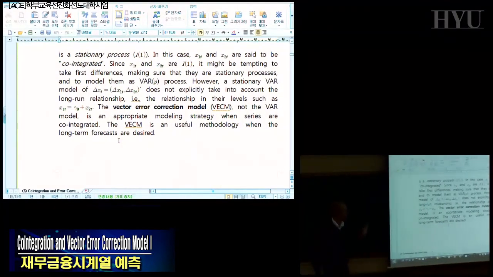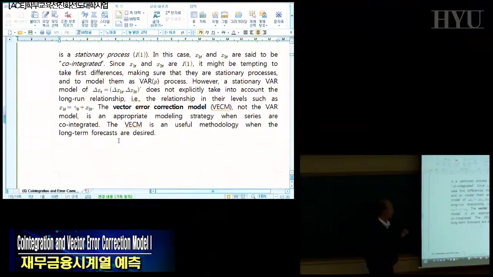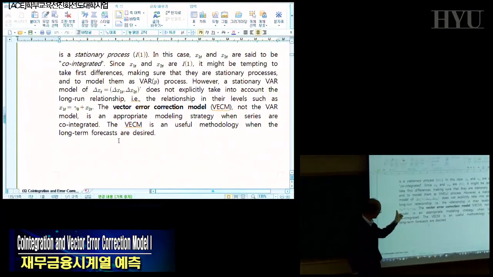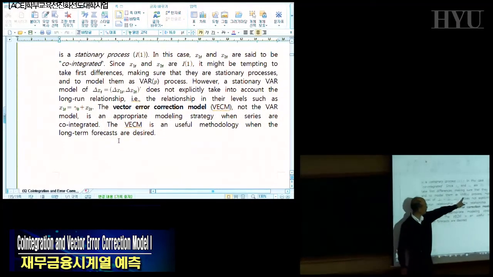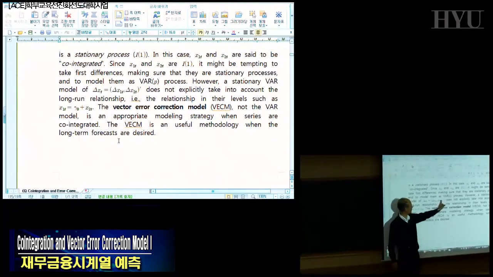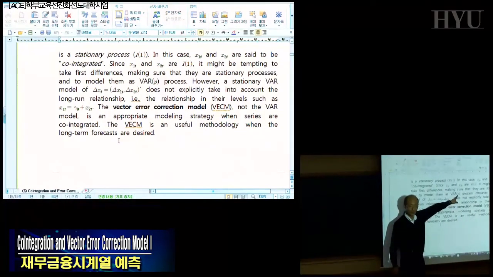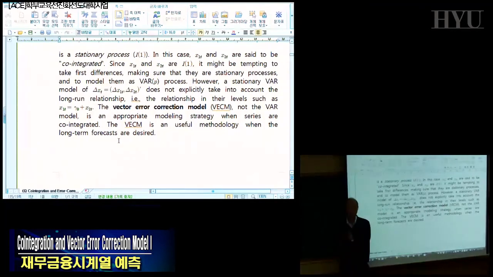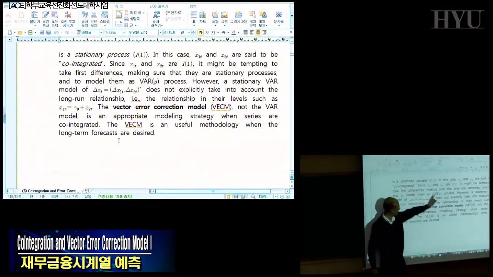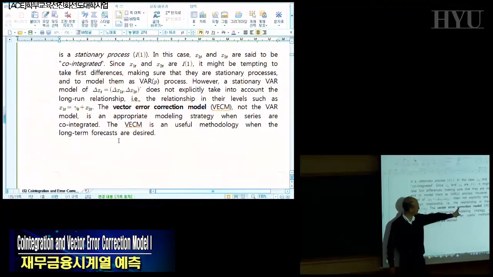Okay? So we'll introduce this one shortly. But before we do that, if a cointegrating relationship like this one exists among variables, and if you ignore this part and simply try to approximate the process as a VAR(p), with p being a relatively large number, then actually you cannot correctly approximate this one.